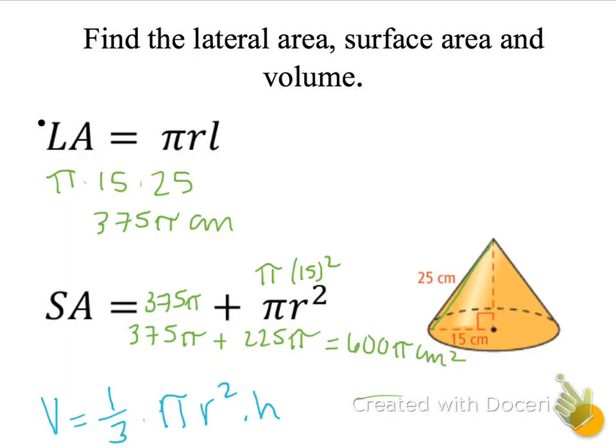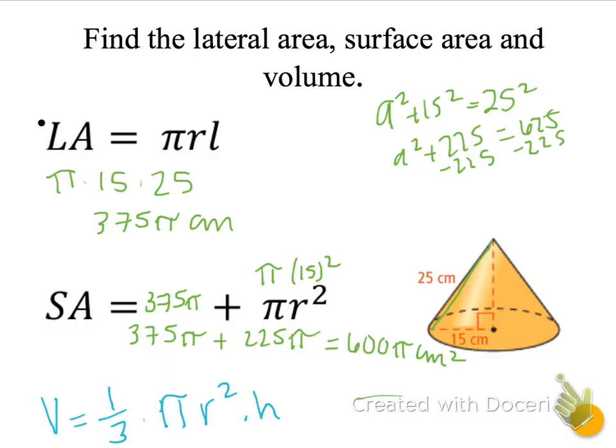Now we have to do my volume, but I need my inside height, so we're going to have to use the Pythagorean theorem. a squared plus 15 squared equals 25 squared. So a squared plus 225 equals 625. Subtract 225, so a squared equals 400.